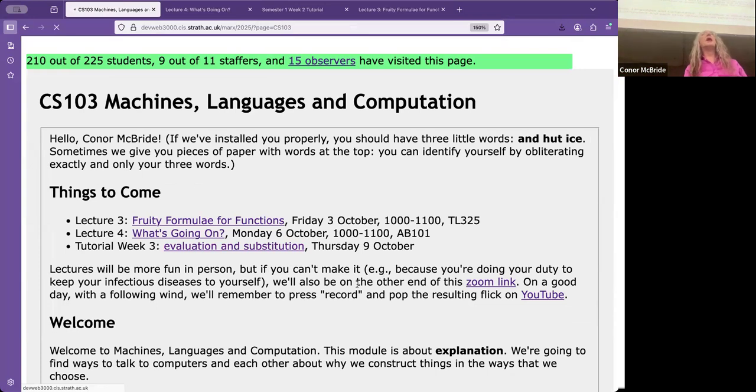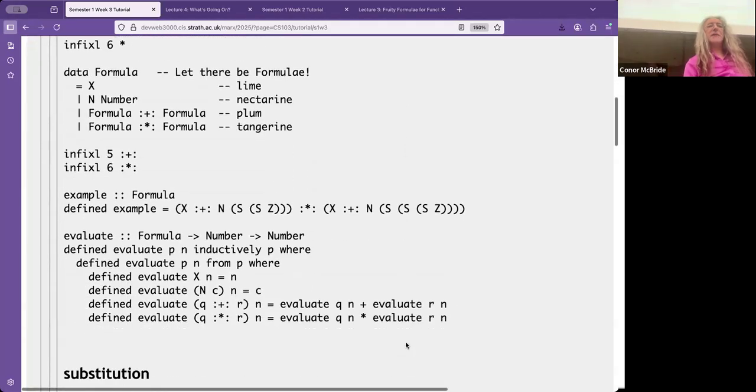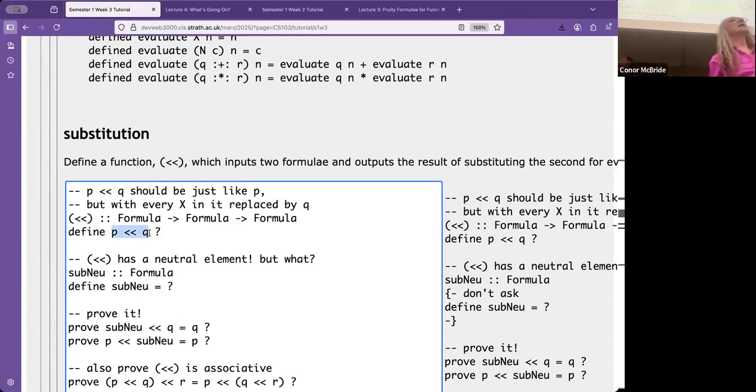I give you all sorts of stuff, I give you formula, and I give you the function that we've just written, but I want you to define a thing called substitution. I've got this little symbol for substitution. P substitute Q says, I've got two formulae, P and Q, and I want the formula that you get when you replace every occurrence of the variable in P with a copy of Q.